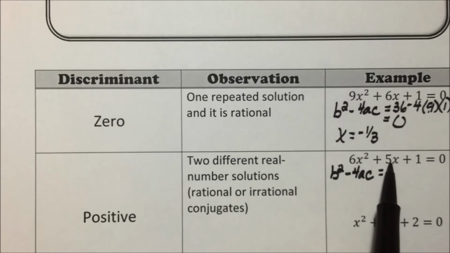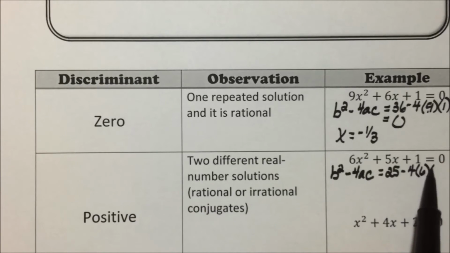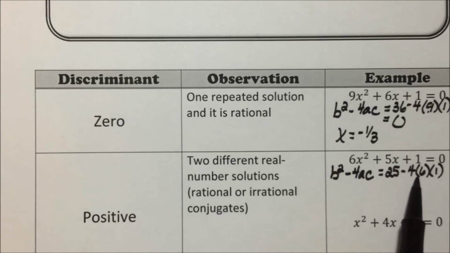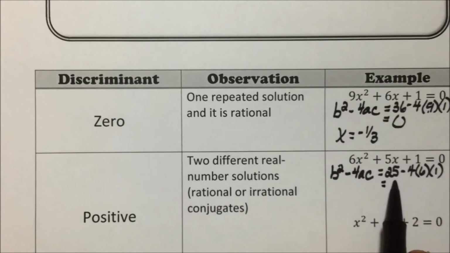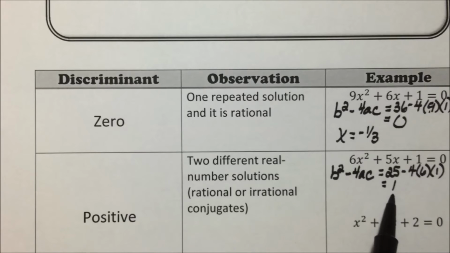Plugging that in, b squared, in other words 5 squared, will give us 25 minus 4 times a, which is 6, times c, which is 1. 4 times 6 times 1 is 24, and 25 minus 24 is going to give us 1. What that tells us is that because it's positive, and think of where the discriminant is in the quadratic formula, it's underneath the radical.